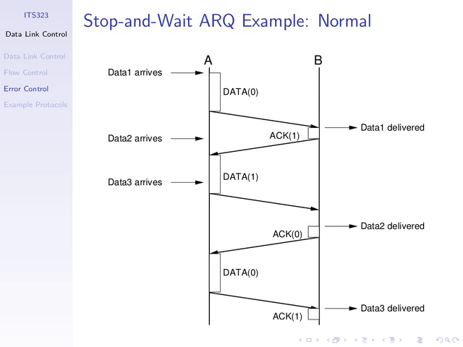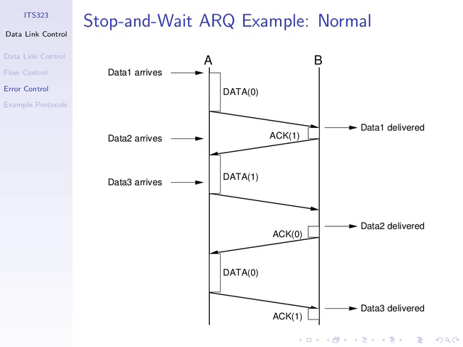Data is received, processed, just illustrating that it takes some time to process the data. Delivered to the next higher layer, send an acknowledgement saying, thank you, the next sequence number for the data I expect is 0. Because we have a 1-bit sequence number, we just alternate 1, 0, 1, 0, 1, 0 all the way. And continue. This is the perfect case where there's no data lost or no damaged frames.